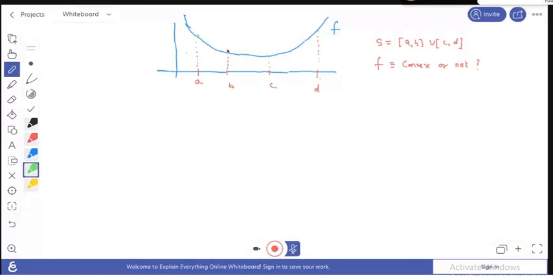Okay, so these are the functional values. तो आप ये बताएं ये फंक्शन मेरा कॉन्वेक्स है या नहीं. Within this thing, this function is convex or not. क्या कहना है?